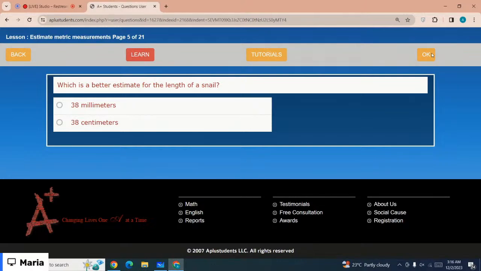Okay, which is the better estimate for the length of a snail? Is it 38 millimeters or 38 centimeters? Which is the correct option?